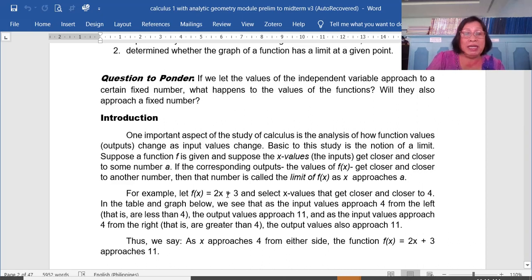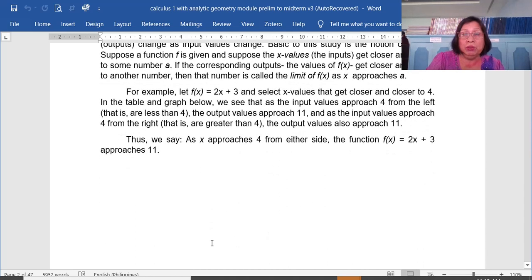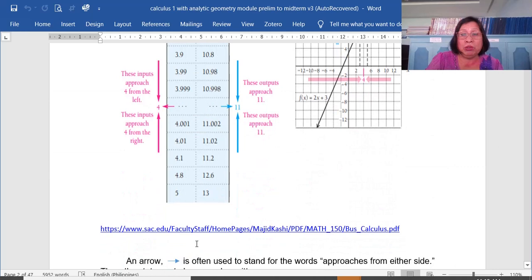Our x is the independent variable, and it depends upon whatever values you are going to substitute for x. You can substitute x for 0, 1, up to the number you wish. And of course, the value of f of x, which is y, greatly varies about this value. Select values that get closer to 4, and then you're going to graph this.